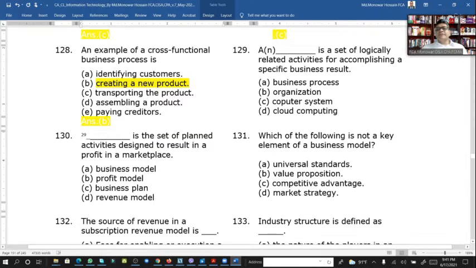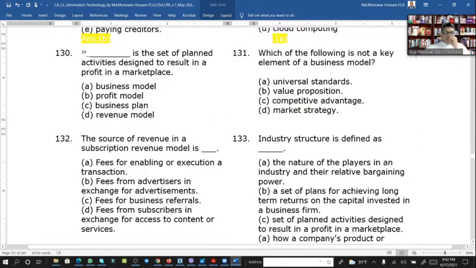A or an dash is a set of logically related activities for accomplishing a specific business result. Business process, organization, computer system, cloud computing. So that must be business process. Now 130.